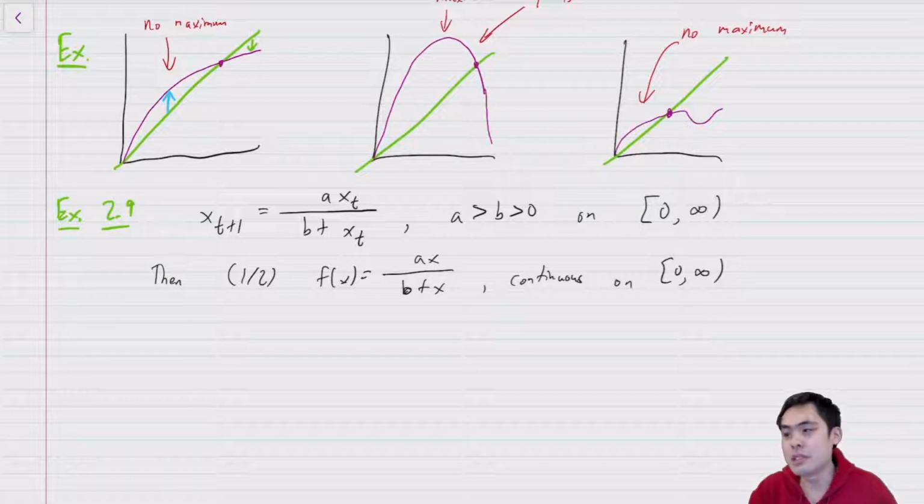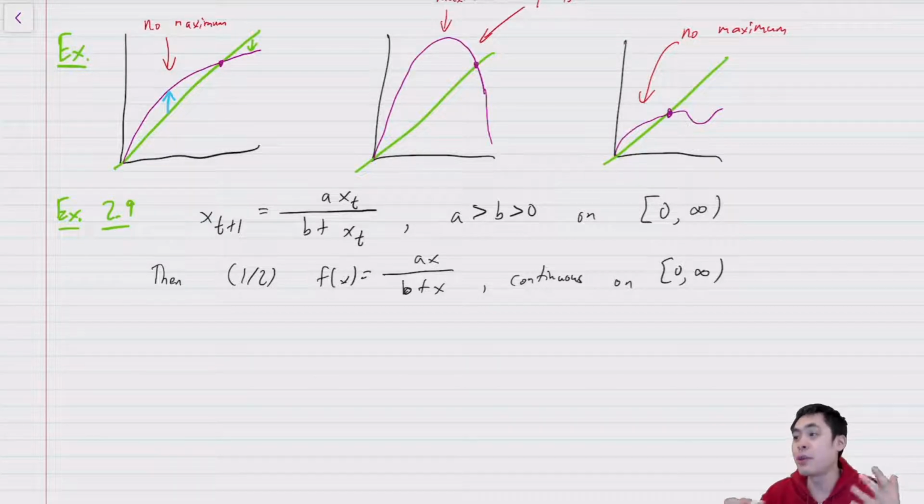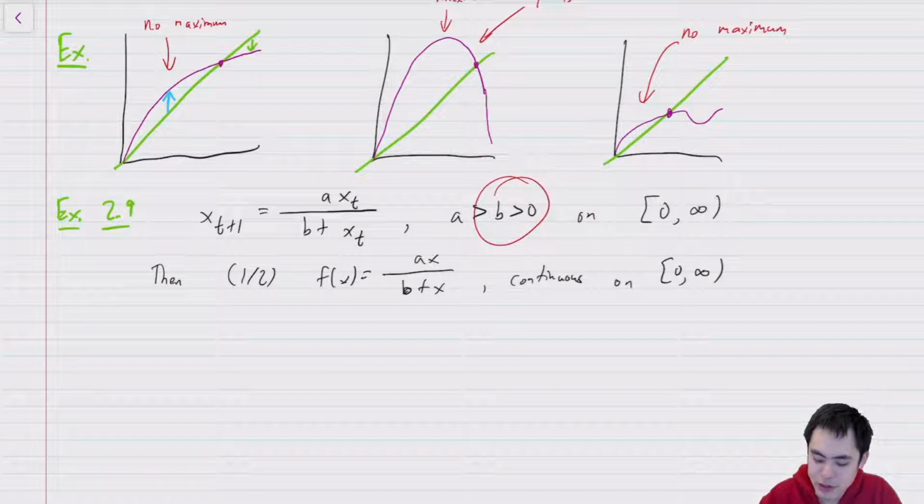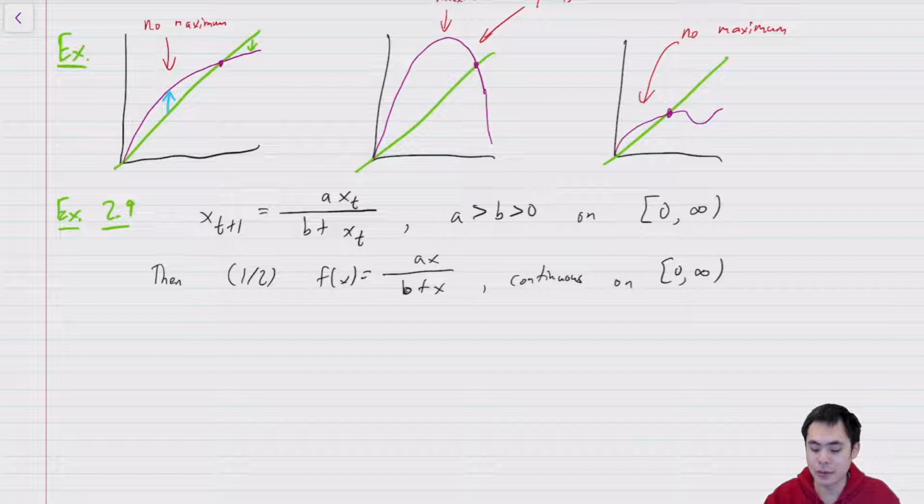And you'll note that this is the reason we had to assume that b is greater than 0 and also that x is greater than or equal to 0. Otherwise, this doesn't hold. So this condition is actually super important here, or otherwise we don't necessarily have continuity.